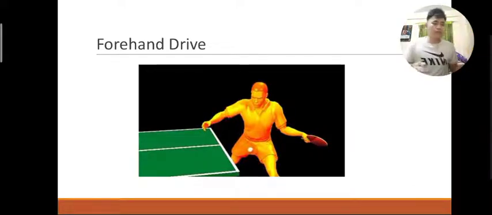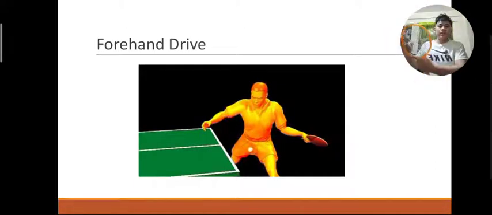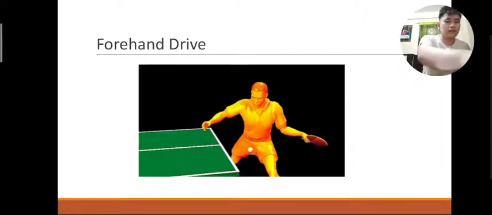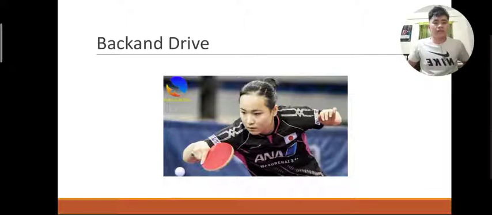The forehand group moves like this, while the backhand is moved like this. You see the difference, right? So those are the skills.